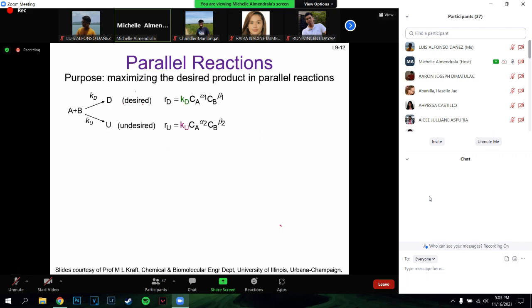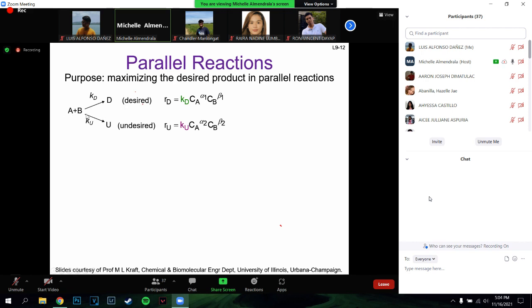So writing the rate expression, the rate law, you still recall how to write the rate law. Again, kD will be the rate constant, dependent on the concentrations of A and B. Now, alpha 1 and beta 1 refer to the order of the reaction. We will not say that the reaction powers with respect to A and B are just equal to 1.